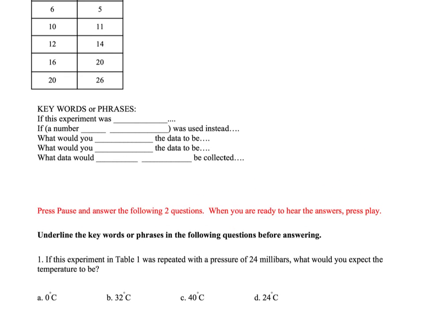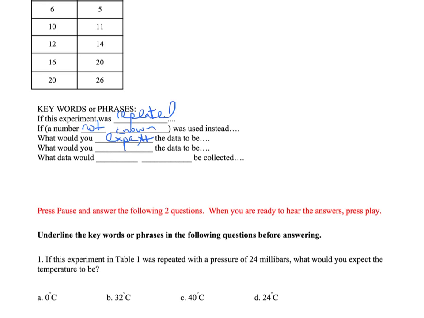So I see that I have my keywords, and they're going to be exactly like they were for interpolate. If this experiment was repeated. But instead of repeating it for numbers in between 2 data points, we're repeating it for numbers that are outside our given set. If a number is not known, what would you expect the data to be?